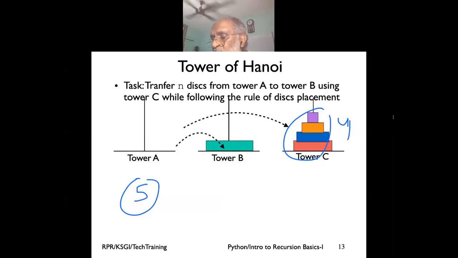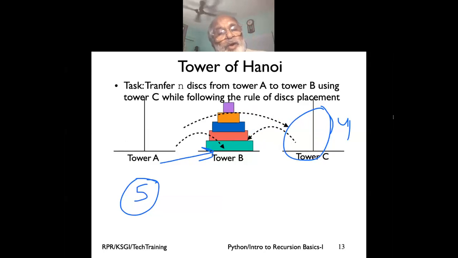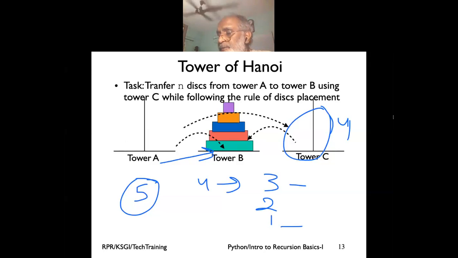So I'm solving the problem of size 5 by solving the problem of size 4. If I can solve this problem of size 4, then I can move 1 disk, then move the remaining 4 disks back here, and I got the original problem solved. How to solve the problem of size 4? Make it size 3, make it size 2, make it size 1, and keep doing it.